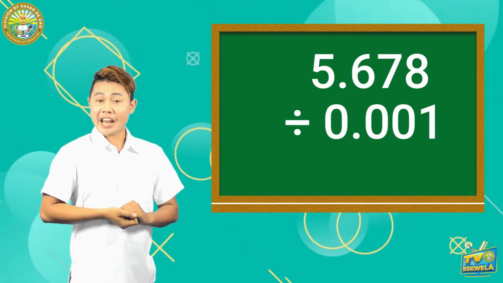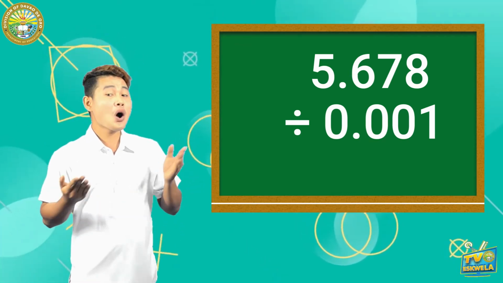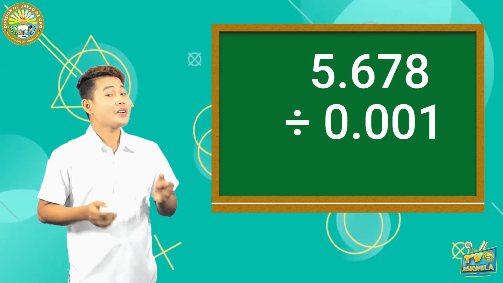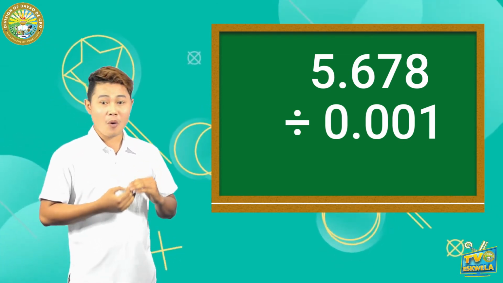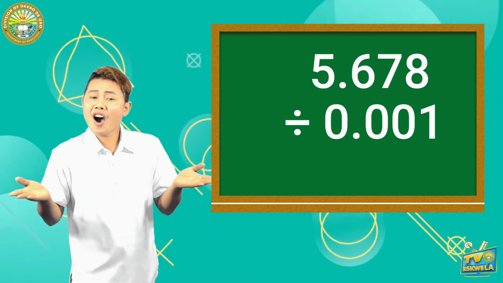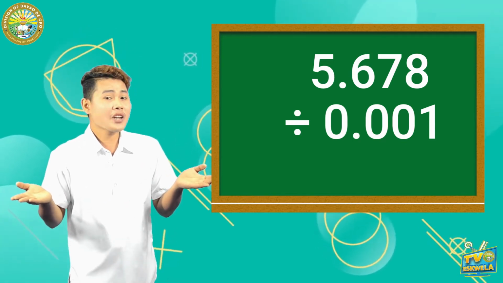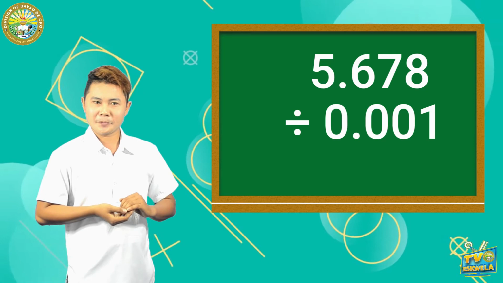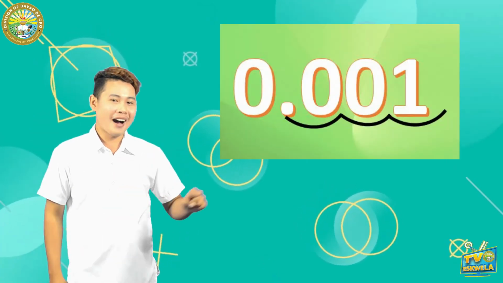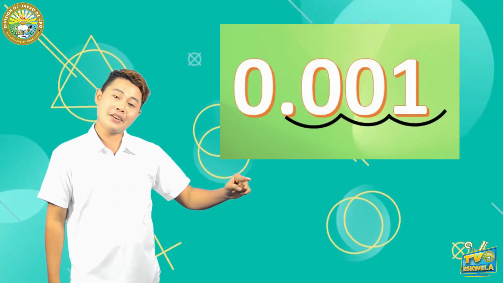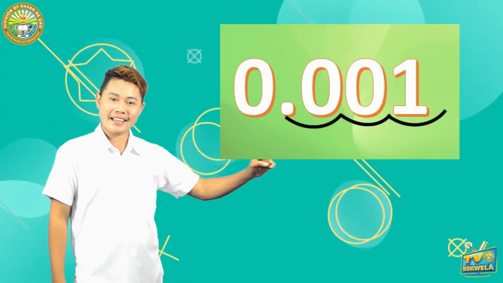First, change the divisor into a whole number. To do this, we need to move the decimal point. How many places are we going to move? Very good! 3 places. 1, 2, 3.